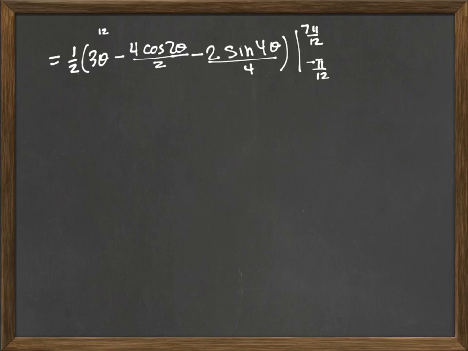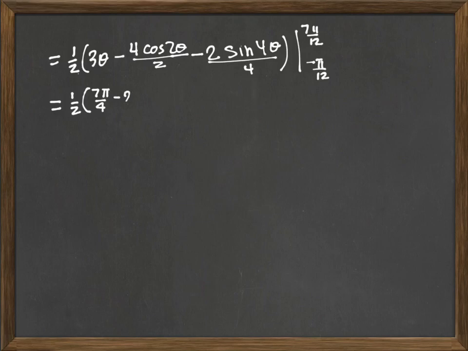You've got the space on your screen, or on your paper if you've written in a reasonable typeset size. Okay, so I have 1/2 in front, and then I'm putting in the 7 pi over 12 into the 3 theta, so that's going to give me 7 pi over 4.